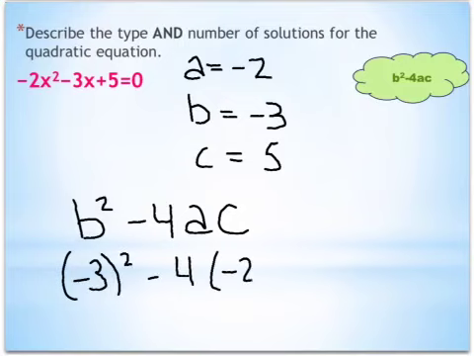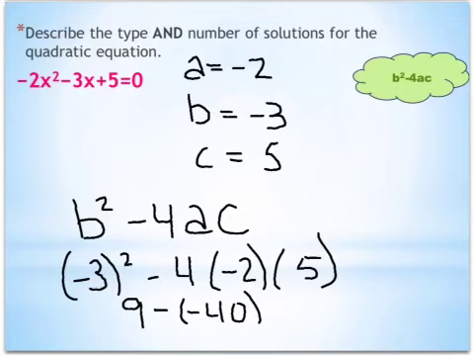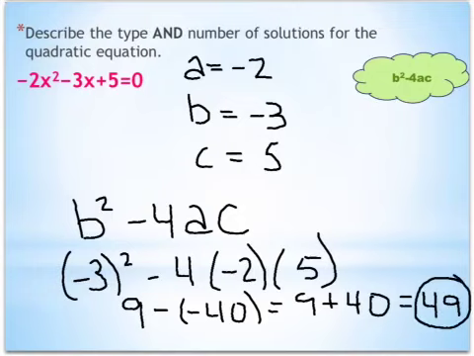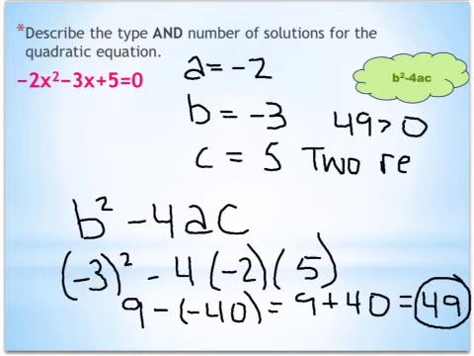So evaluating that, I'm going to get 9, and then I do 4 times negative 2 times 5. That's going to give me negative 40, which will be 9 plus 40, which is 49. Okay, so my discriminant is positive, right? My discriminant is a positive number, which means I will have two real solutions.